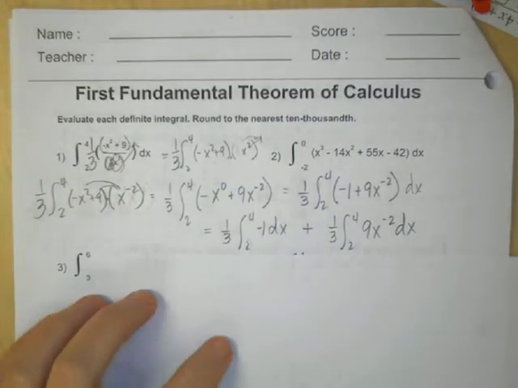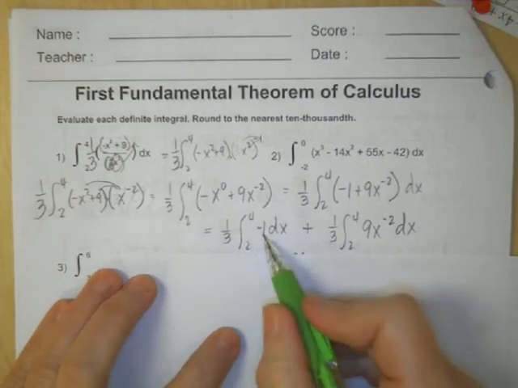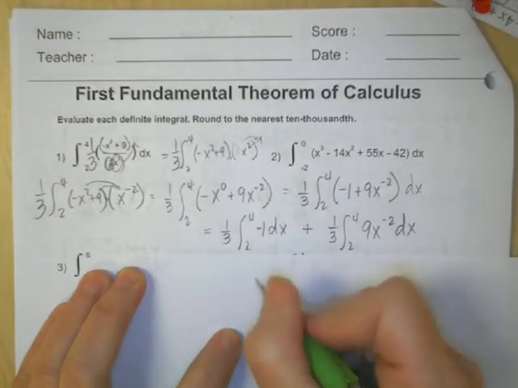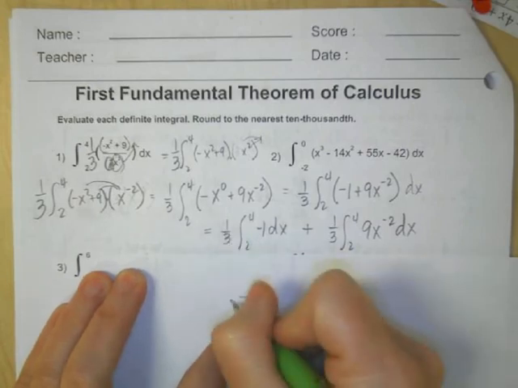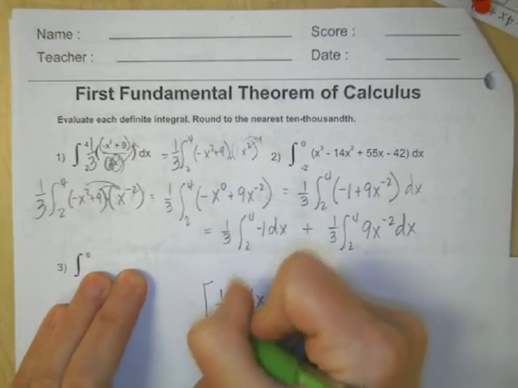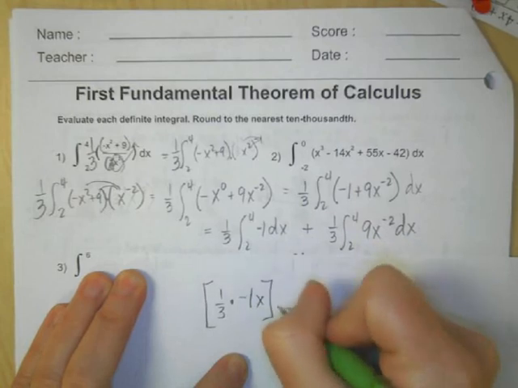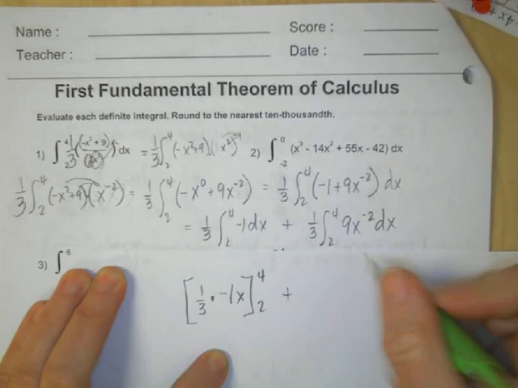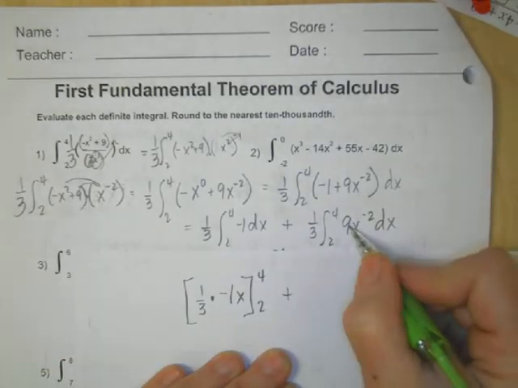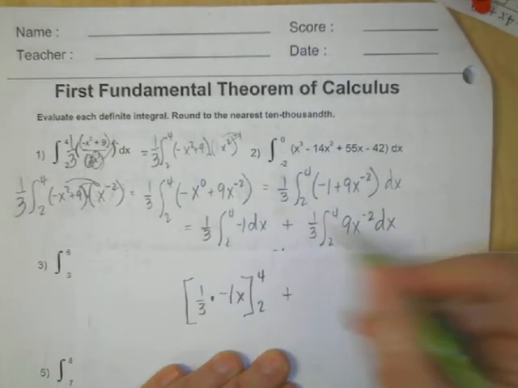All right, so this one right here, when I have a constant, I just put an x next to it, so this becomes negative 1x, and I still have my times by 1/3. And I'm going to be evaluating that from 2 to 4. Plus this one, I can move my 9 out here. 9 times 1/3 is 3.